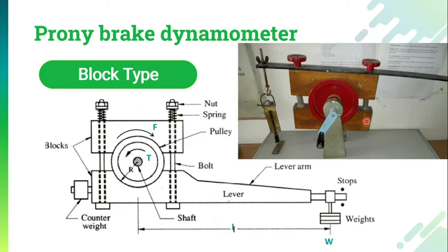Now, as you can observe, these blocks are clamped using two bolts with nuts at the two sides. Here you can see one unique feature: there is a spring attached with this nut and bolt. This spring can be attached at the upper side also, or it may be attached in between also.